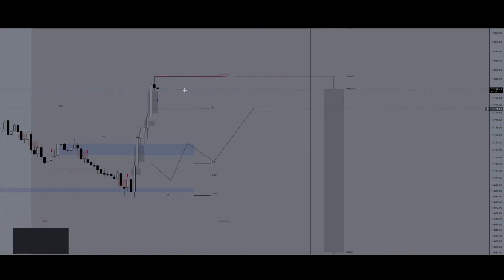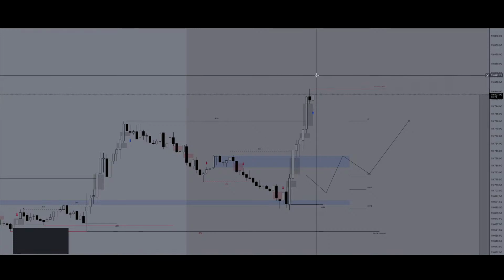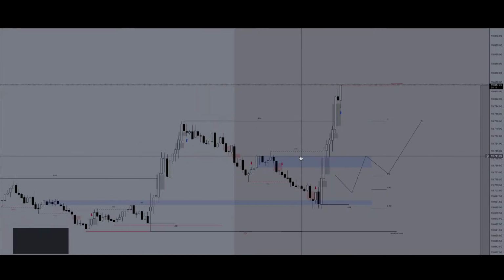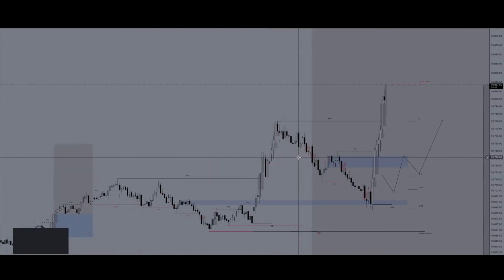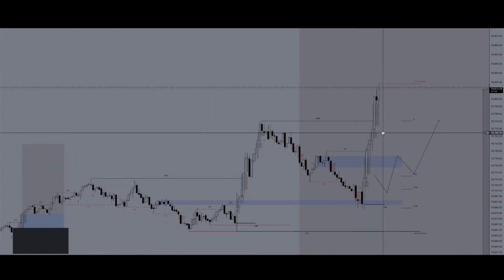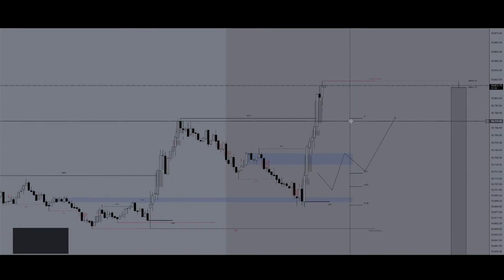But we did get that first fair value gap entry signal there. Obviously, we got the bearish ones on the way down, and now we have the first one going up. If we break this high, we would have hit that 300 take profit if we entered there. Yeah, it would have been a 3 RR for sure. But did we get our setup signal? No, so we didn't enter.